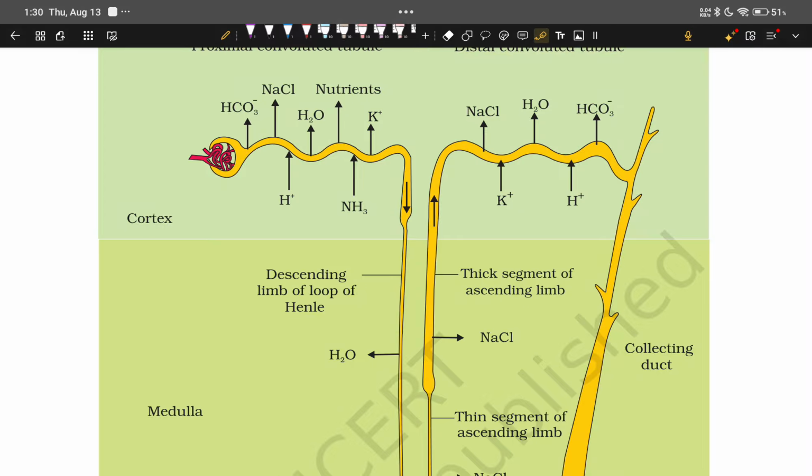And then we have secretion in the DCT. Mind you, there is conditional reabsorption of Na plus and water, and there is secretion of K plus and H plus. HCO3 minus is also reabsorbed in the DCT, that is clearly mentioned in NCERT.